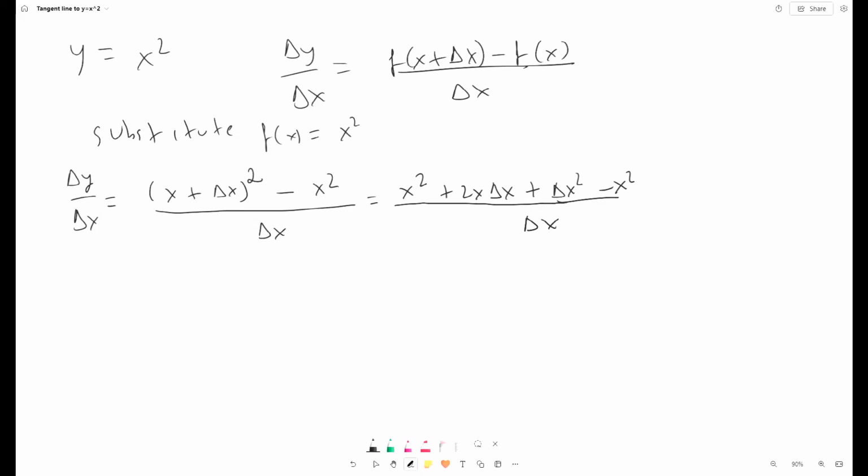Then this term here and this term here cancel. Then we're left with 2x delta x plus delta x squared over delta x, and the delta x cancels here. We're left with 2x plus delta x.